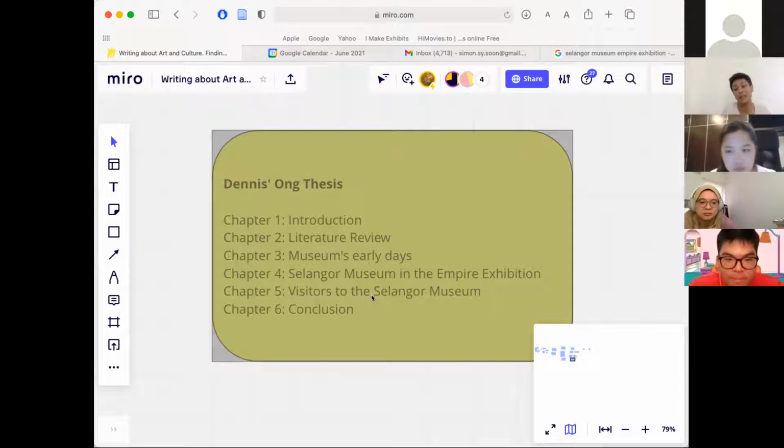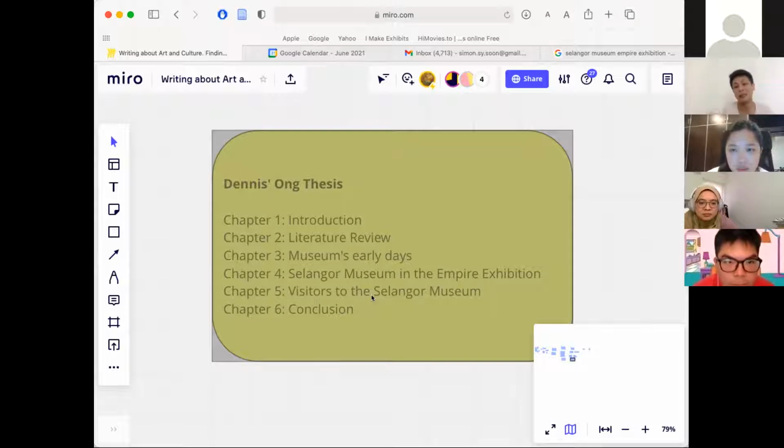Empire exhibition might be the main case study, but it doesn't have to exclusively be the only one. And as a result, the entire chapter is more broadly thematic and less focused on addressing Selangor Museum's activities in one specific historical event.